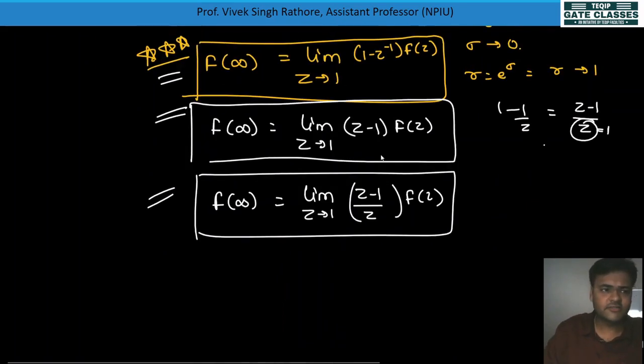The final value theorem condition is that, see, in the Laplace transform the poles of F(s) should be in the left hand side.